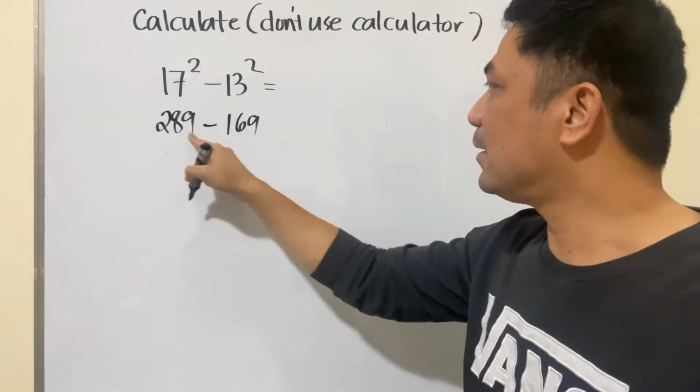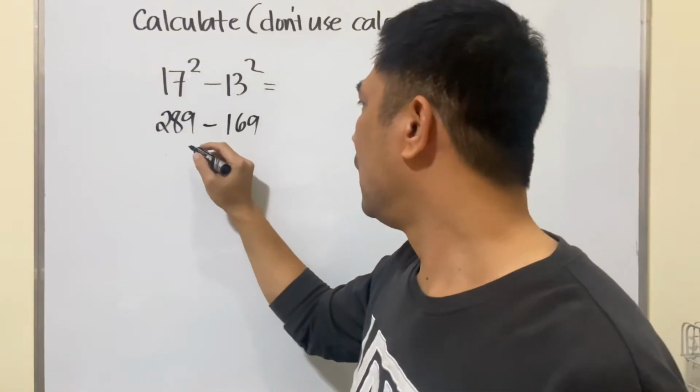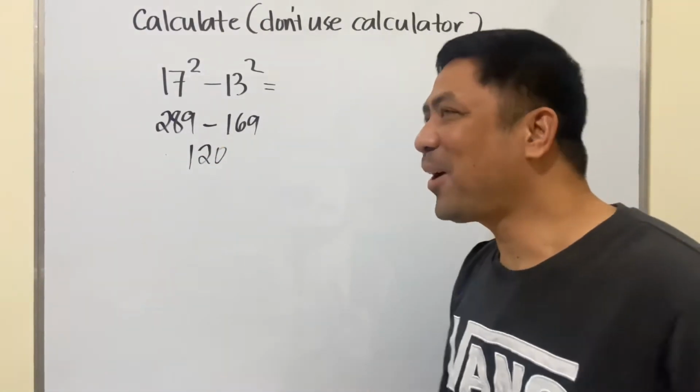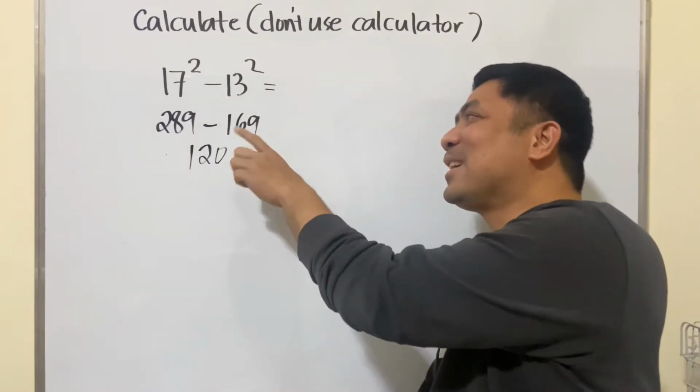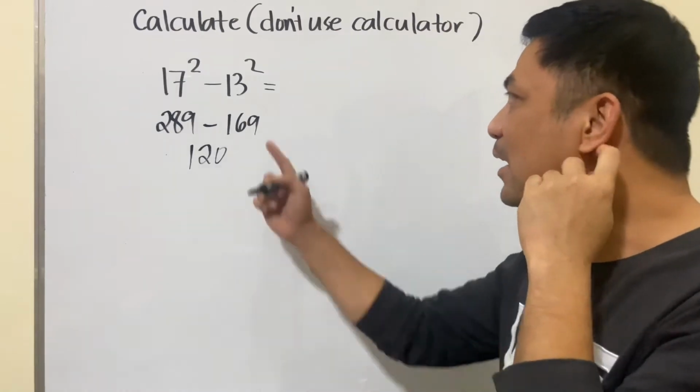So 289 minus 169 is 120. Okay? So we were able to solve it without using a calculator, but there's a quicker way to solve this one.